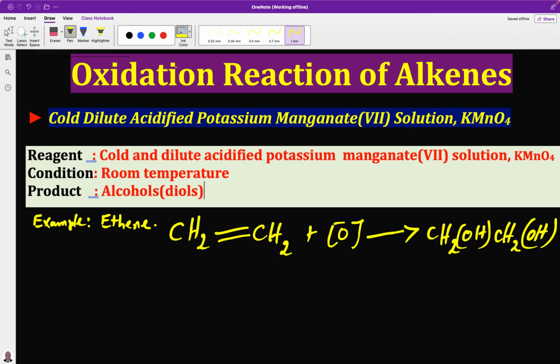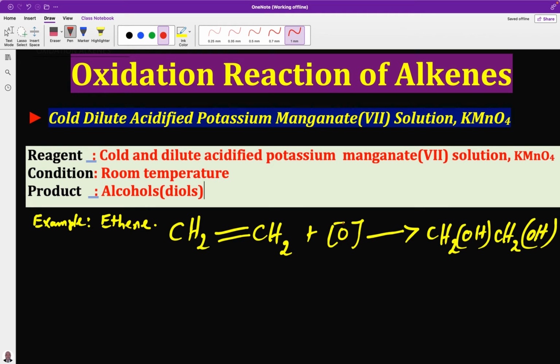Remember, as I told you, this is an oxidation reaction. This oxygen in a square bracket indicates that the oxygen is from an oxidizing agent. The oxidizing agent will help to provide the oxygen.